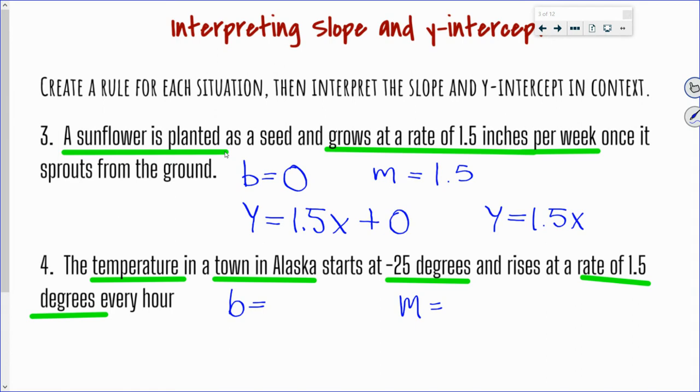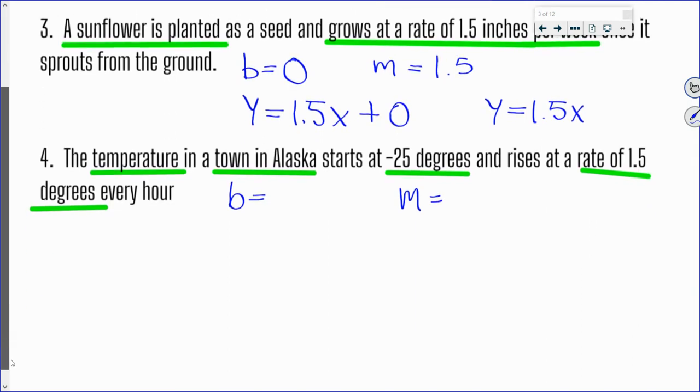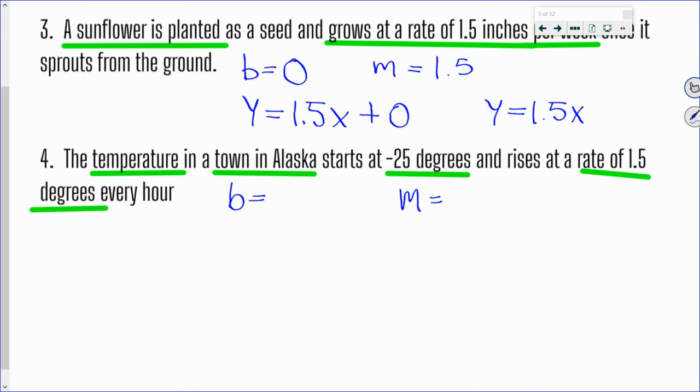What about number 4? What do you think? Y-intercept 25. Negative 25. Yep. And 1.5 is my rate of change. It increases by 1.5 degrees per hour. If I write a rule for that, what? Y equals 1.5x minus 25.